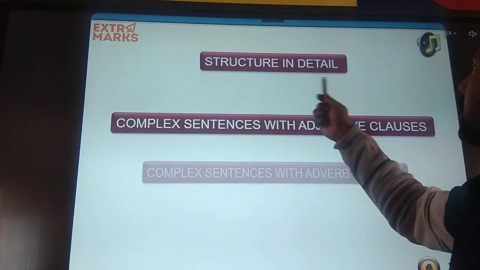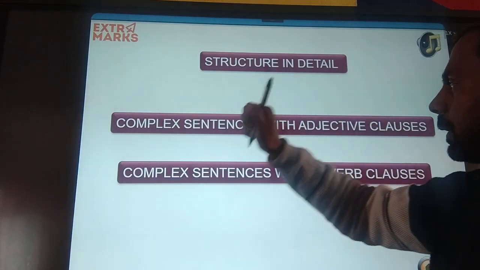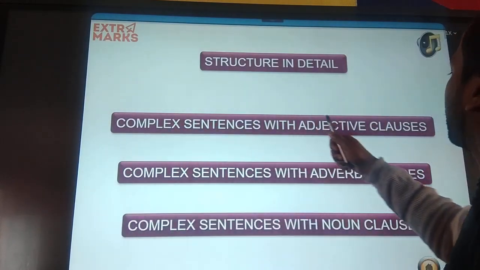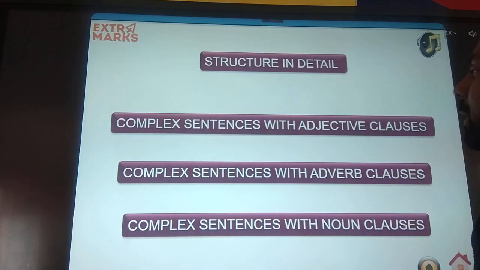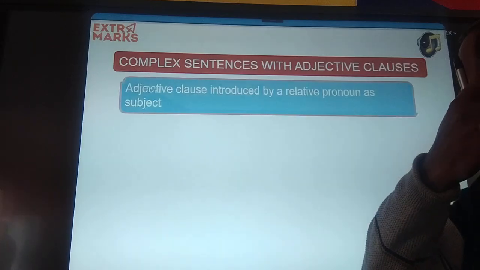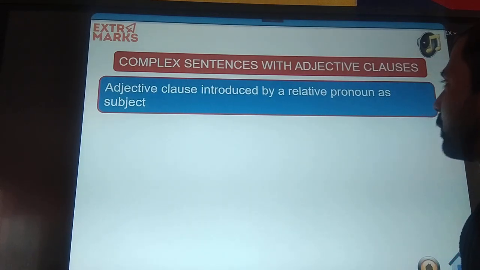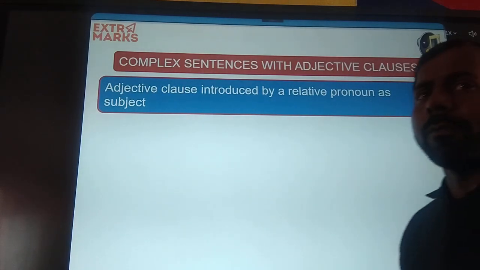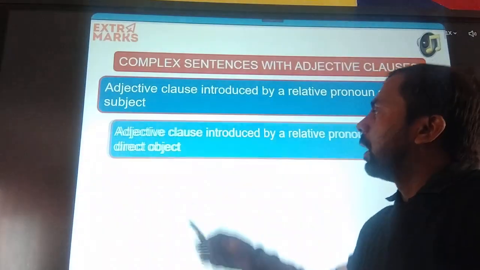So next, the structure in detail: complex sentence with the adjective clause, complex sentence with the noun clause, and complex sentence with the adverb clause. So here, the complex sentence with the adjective clause: how can we introduce it?